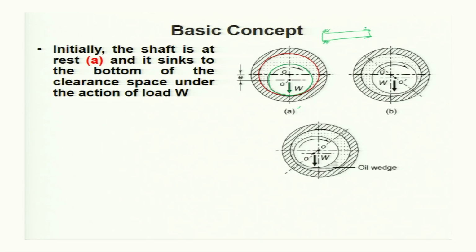You may say 2 times W, and so on each bearing the radial load is W, which will be the reaction. Due to this load W, initially the shaft rests at the bottom of the bearing.